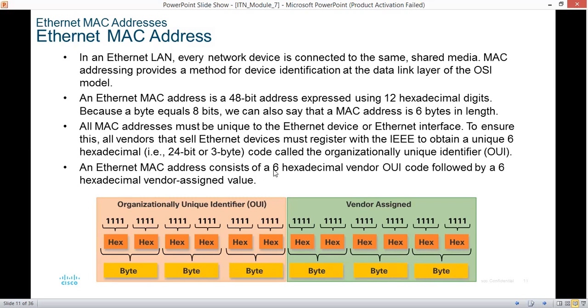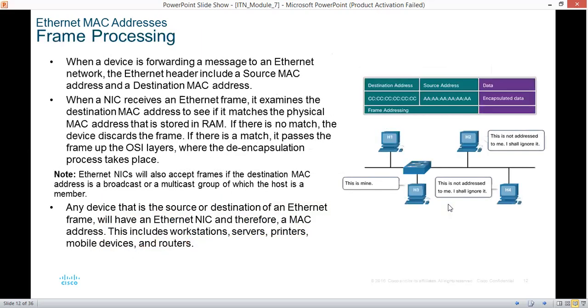An Ethernet MAC address consists of a 6 hexadecimal vendor OUI, which we refer to as the organizational unique identifier code, followed by a 6 hexadecimal vendor assigned value. Once you register, they will give you your own portion, which you can now use to generate your Ethernet port. No two systems may have the same MAC address, the same way no two systems on any given network may have the same IP address.